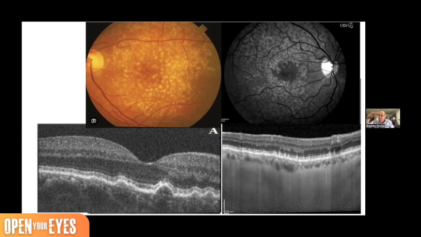So there's 3 steps, remember, to sucking up those rod and cone outer segments, digesting them within the pigment epithelium, and then extruding those digested components through Bruch's membrane. So those 3 components we're now recognizing. When 1 or 2 or 3 of those fail, we get 3 different deposits.